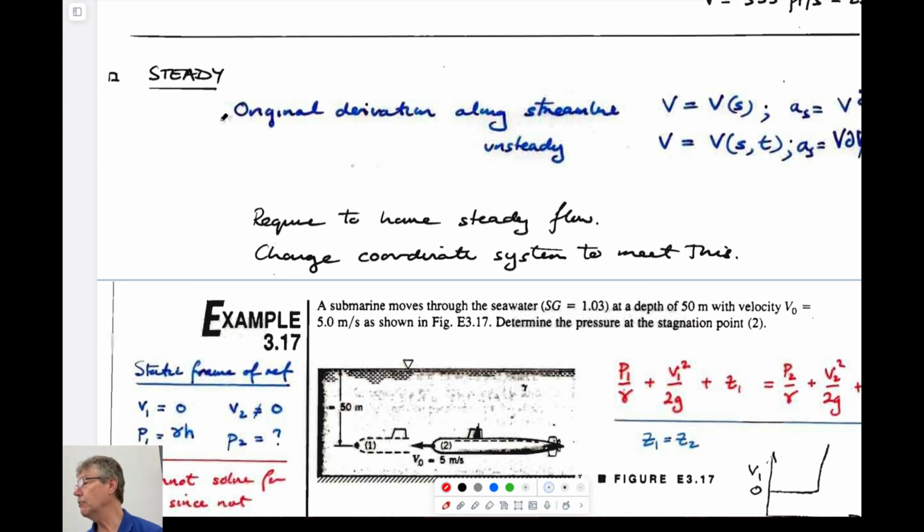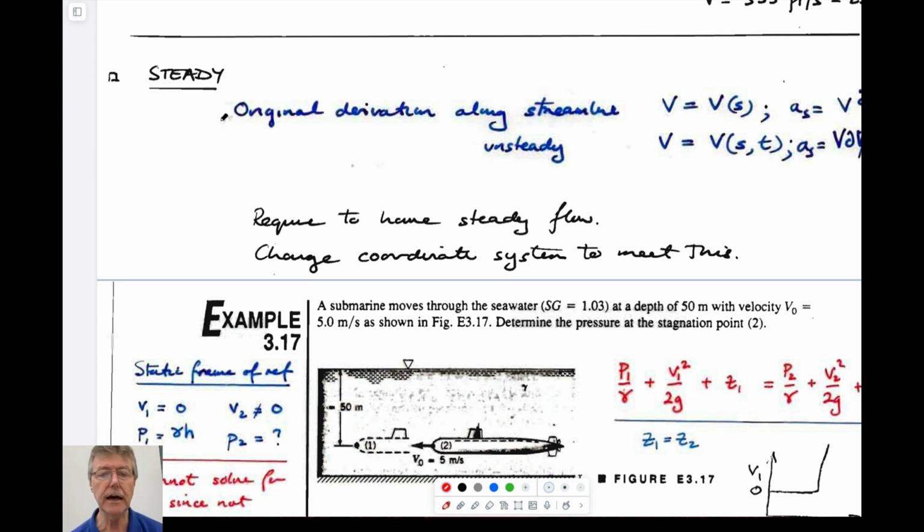Steady flow, well, we've already solved that one, right? We need to choose our frame of reference so it's steady. So if we're doing a submarine, we know that from the Flying Scotsman, we have to take a picture of the Flying Scotsman and be attached to the bicycle as it's moving along, or looking out onto the wing from the window as it's moving along, so that the picture of the air flowing over the wing is exactly the same at time 1 second, as 10 seconds, as 100 seconds in the frame of reference.